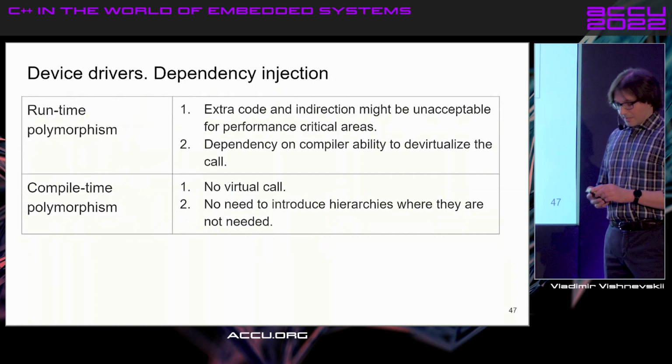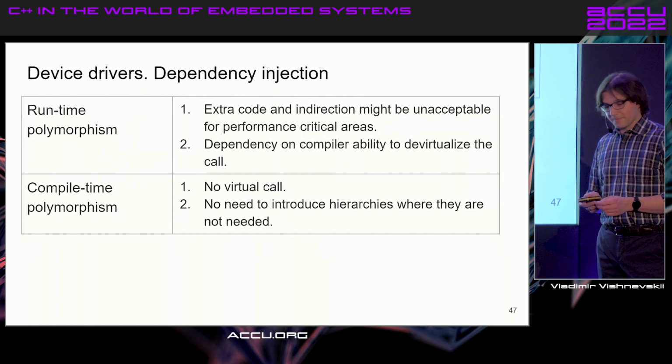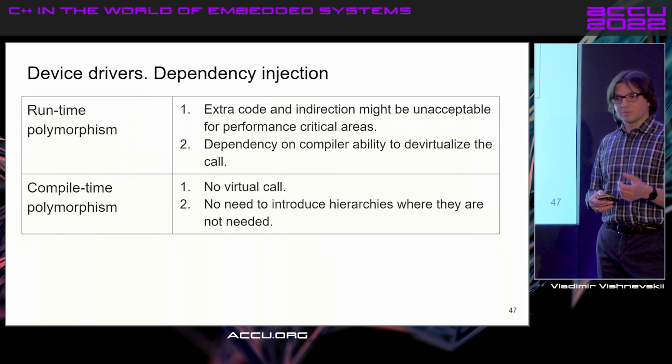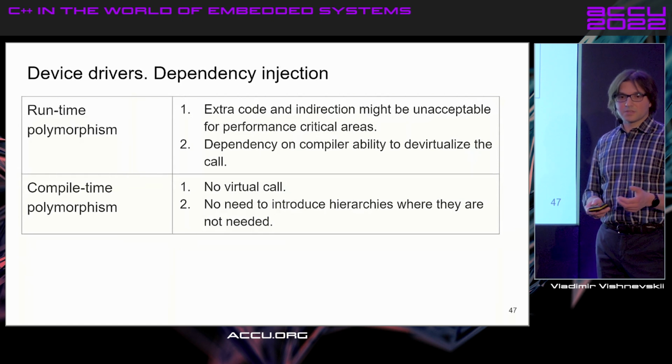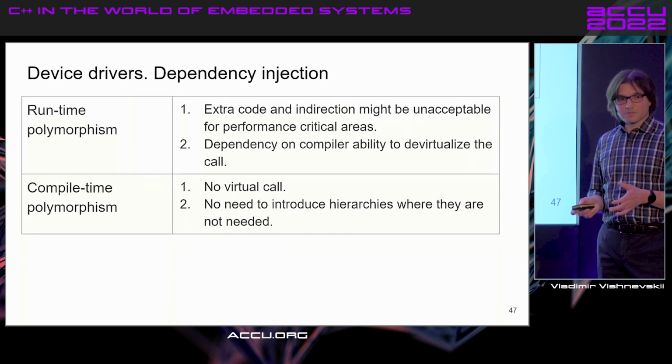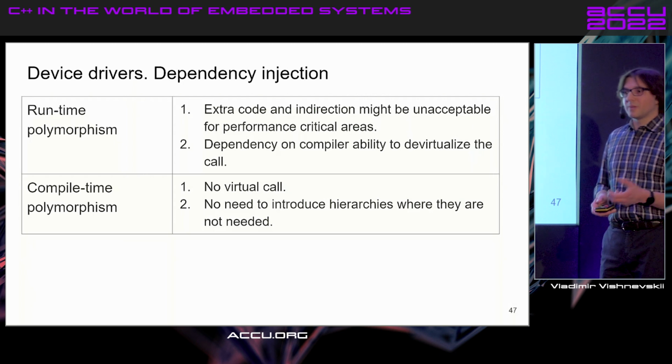When we are developing, for example, a device driver, it would be really nice if it were not dependent on the real implementation that modifies some real registers for a particular platform, but instead had dependencies on abstractions that can be substituted by mock objects.